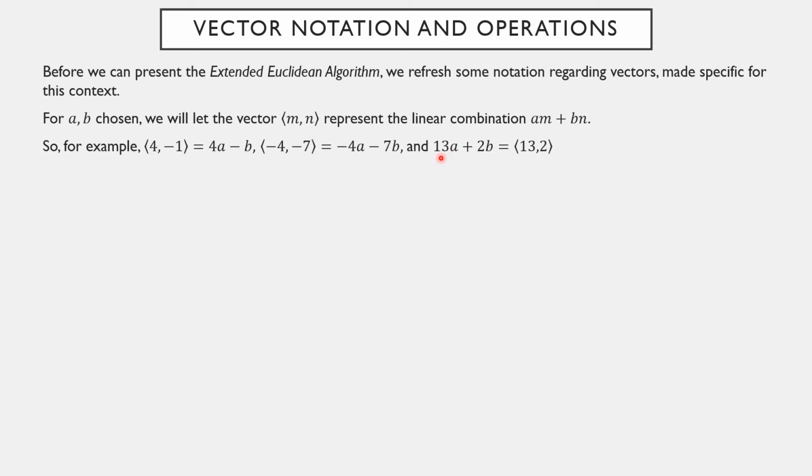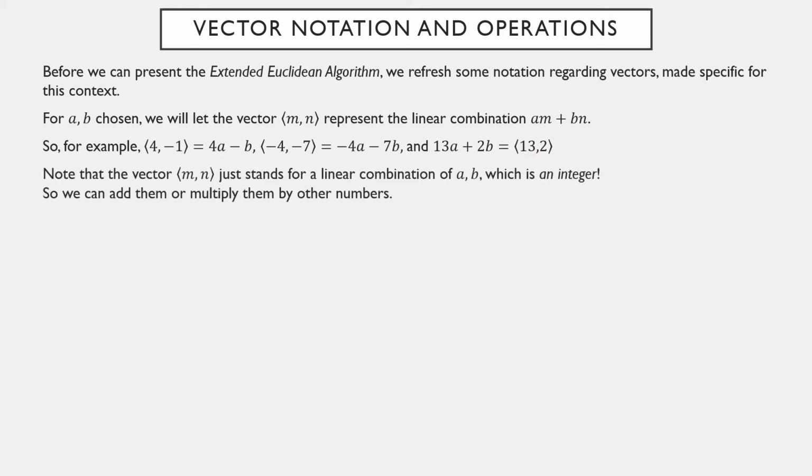Conversely, if I happened to have 13a plus 2b, I can represent that as the vector ⟨13, 2⟩. So vectors can correspond to linear combinations of a and b, and conversely, linear combinations of a and b can be represented as vectors. But note, it's just an integer. While it looks like a pair, ⟨m, n⟩ stands in as shorthand for am plus bn, and at the end of the day, that is just an integer.